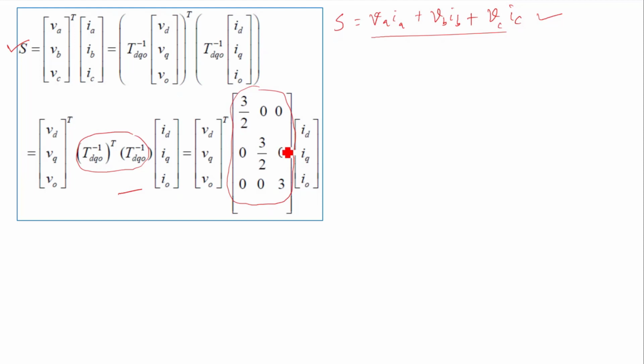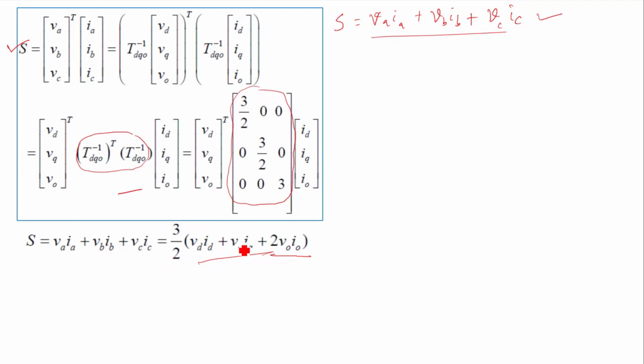So just by multiplying it, what do we get? If we expand this expression, I get S equal to 3 by 2 times (VDID plus VQIQ plus twice VOIO). Expanding and multiplying it, I get this expression, which is in fact equal to VAIA plus VBIB plus VCIC.